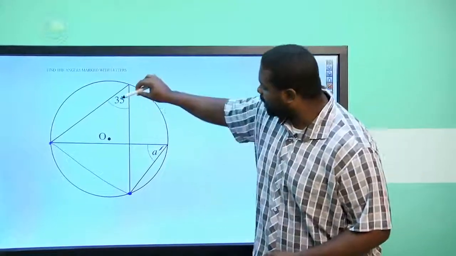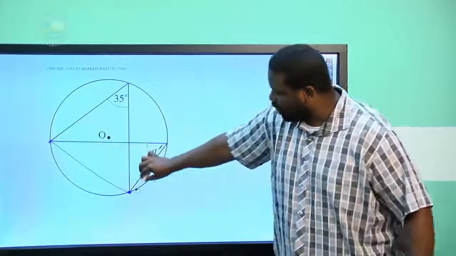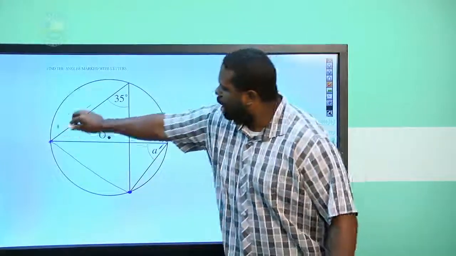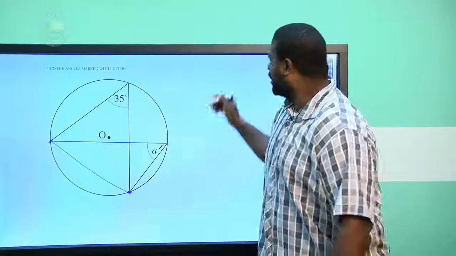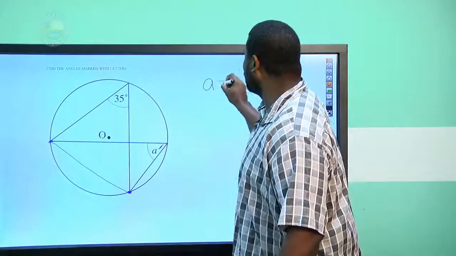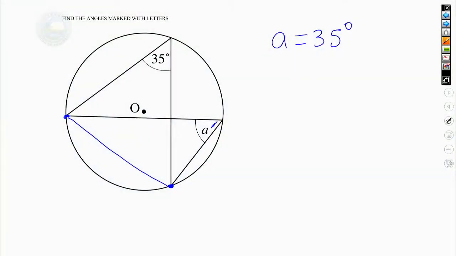So seeing that 35 and A are both subtended by this same chord, they are both on the circumference and they are both within the same segment, it means that A will be equal to 35 degrees. Good? Good.